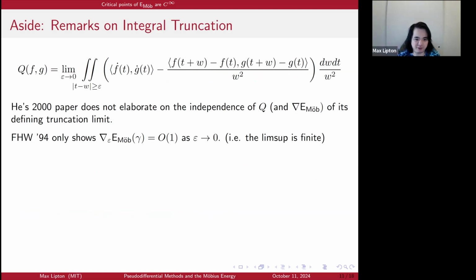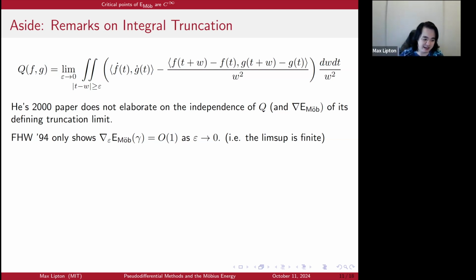So there's an important remark to be made here, which I briefly mentioned earlier. Because the original Mobius energy is a singular integral, we have to define the variation and the quadratic form associated with the second variation by taking Cauchy principal values, shrinking the domain and truncating our integrand at the singularity, and then sending the size of that truncation to 0. And normally this can be brushed aside.